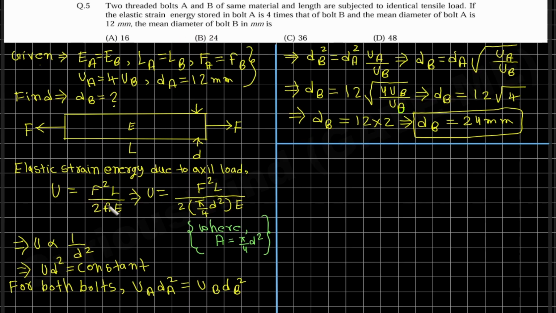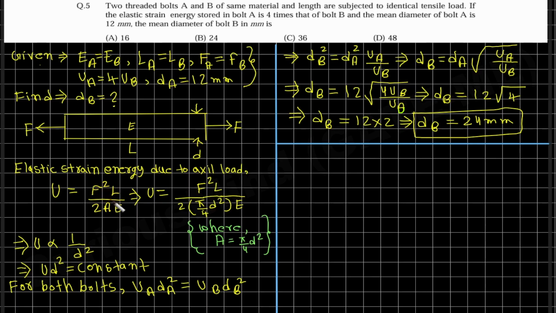In case, let's suppose, one cannot recall this expression of elastic strain energy due to the axial load stored in the bar. So what we will do is derive this using basic formulas and our basic knowledge.